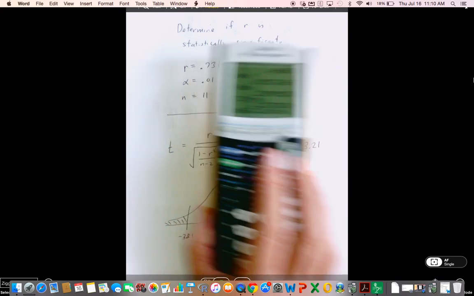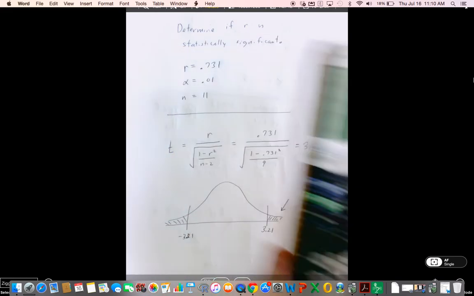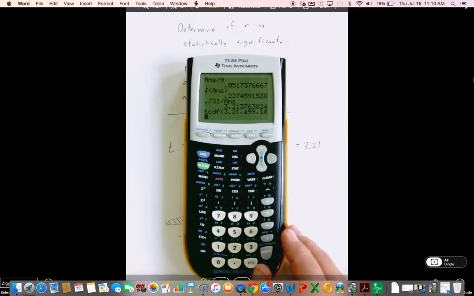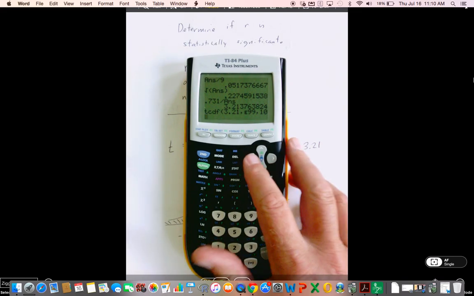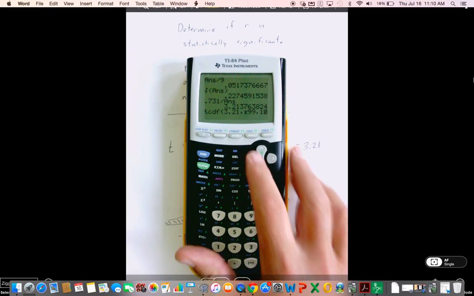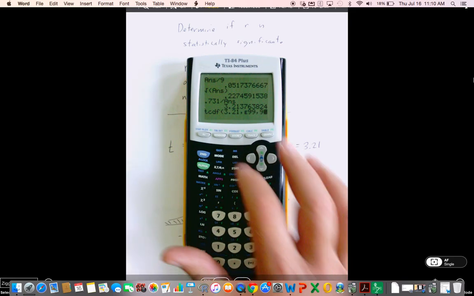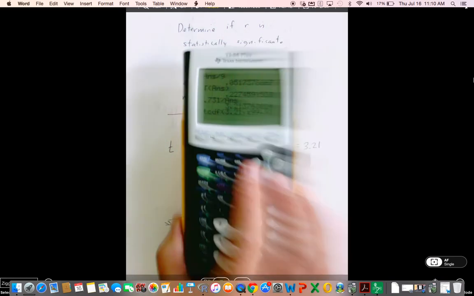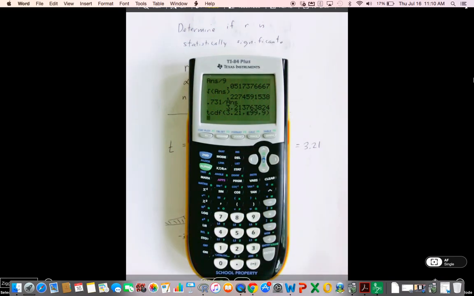Degrees of freedom, 10. No, wait a minute. I'm wrong on that. Degrees of freedom are n minus 2, right? Yeah. So we had 11 instead of 10. Okay, so degrees of freedom are 9. I need to multiply that by 2. So the p-value is 0.0106.